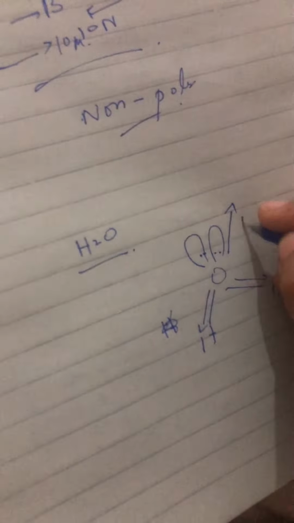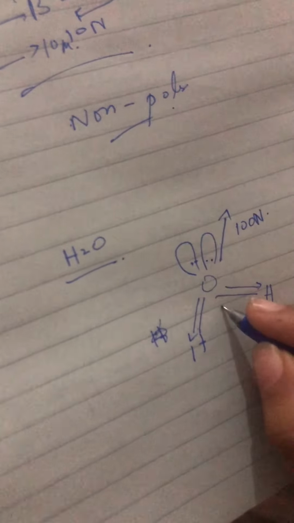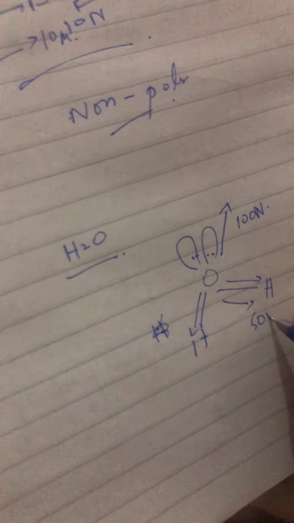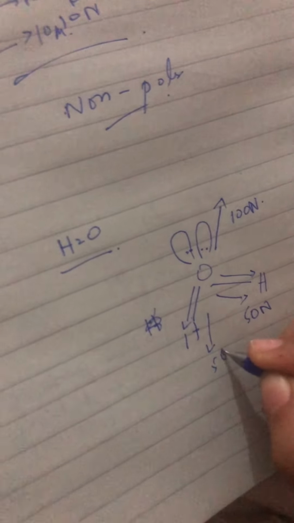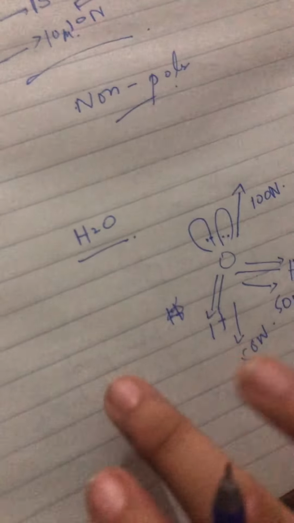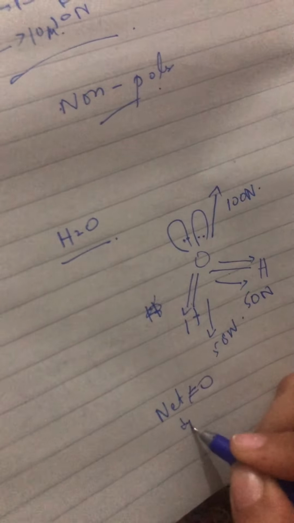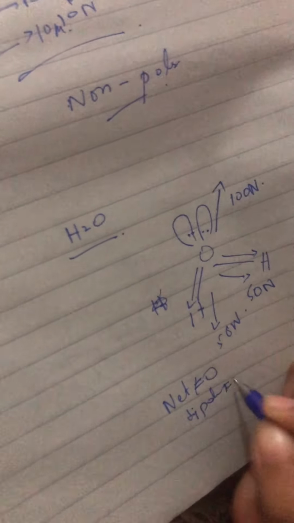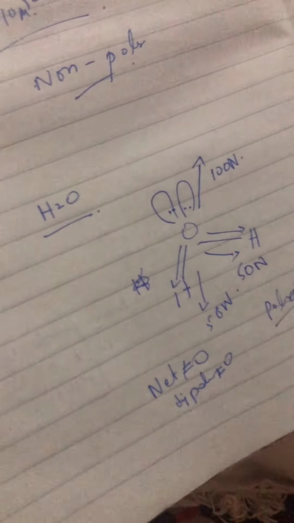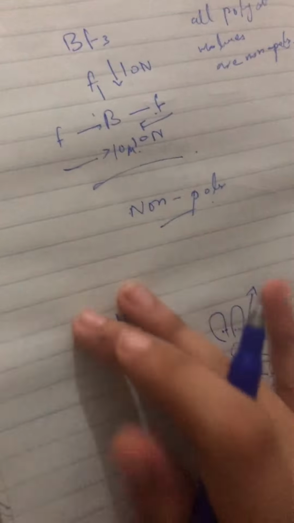For example, these exert 100 Newton force and the other two exert 50 Newton force. So the net force will not equal 0 and the dipole will also not equal 0. This will be called a polar molecule. So this was dipole moment.